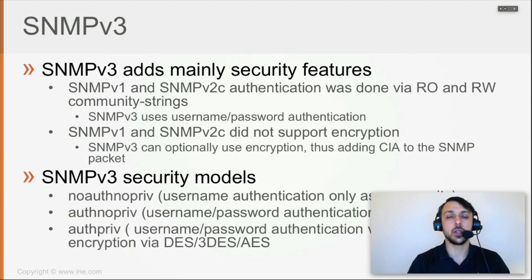Now you might ask why I stated that in general the most commonly seen is authNoPriv. Although authPriv is the ultimate goal to be achieved, because it offers both proper authentication and encryption of the packet, the problem with authPriv is that the SNMP manager has to support encryption and has to be able to decrypt a lot of traffic in real time.